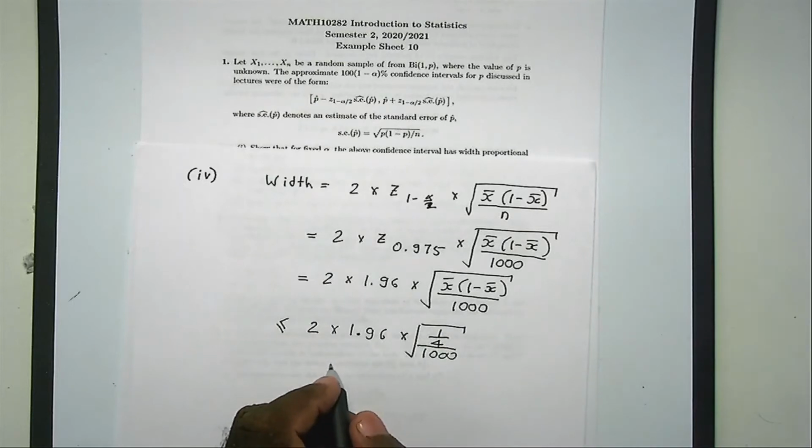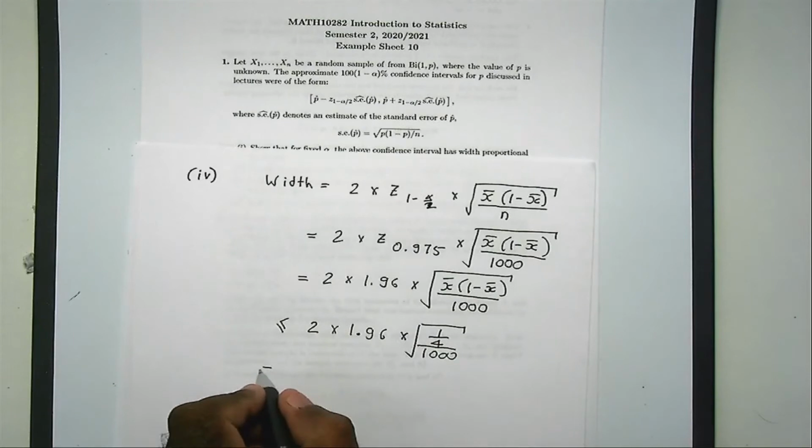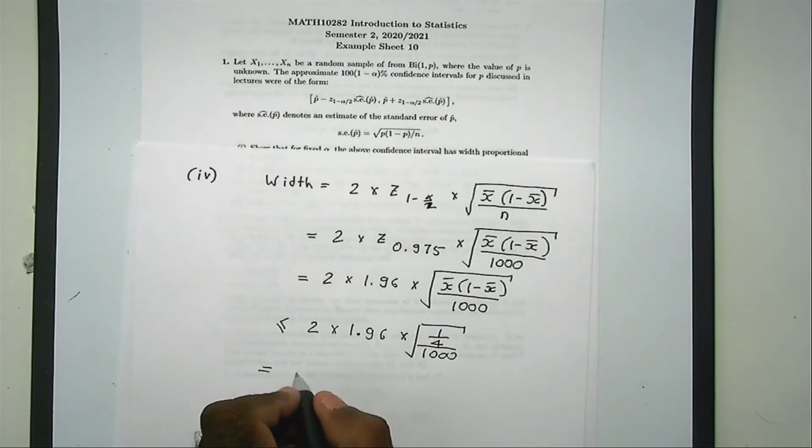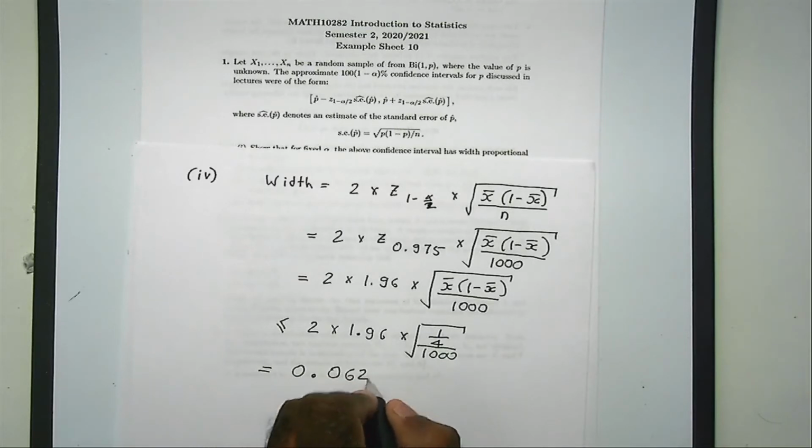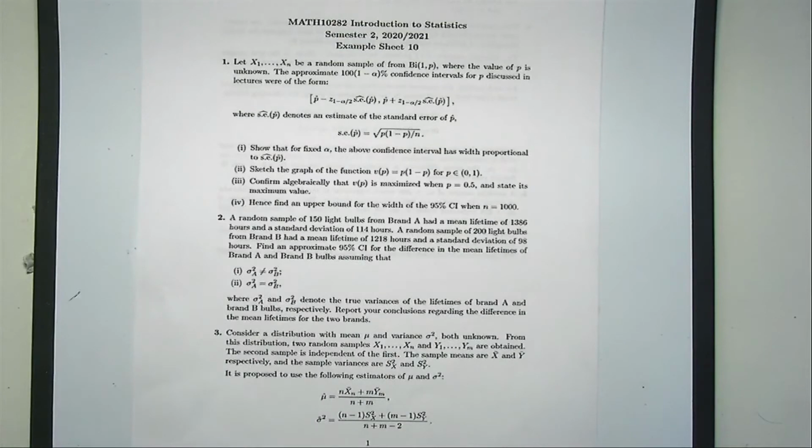Alright, so now if you simplify this, right, you will get this is equal to 0.062. Alright, so that's the upper bound for the width. Okay, so that completes question 1 of sheet 10.